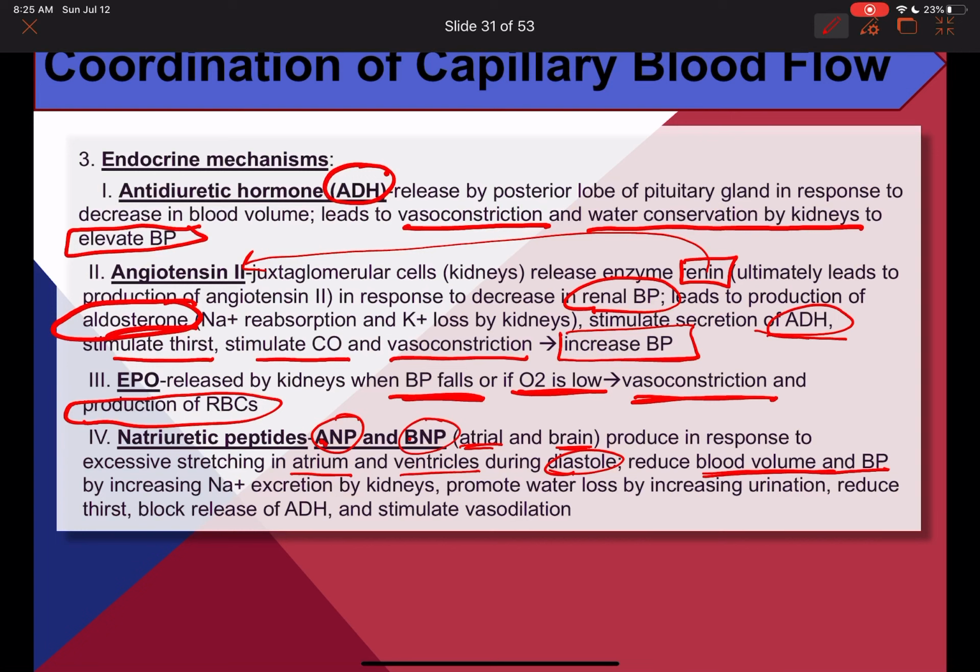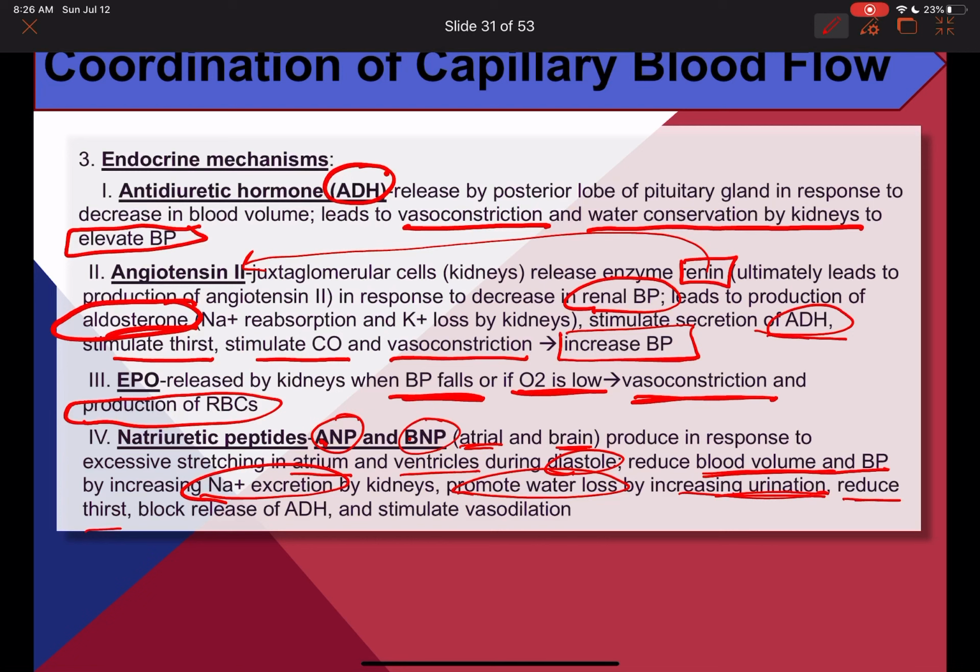And that means you have a lot of blood pressure or a lot of blood volume coming through. So hence, to bring blood pressure and blood volume back down, you have to do the opposite of ADH and aldosterone. Okay, you will increase sodium excretion by your kidneys, promote water loss by increasing urination frequency, and reduce your thirst.